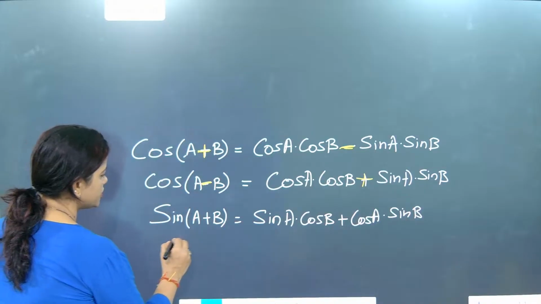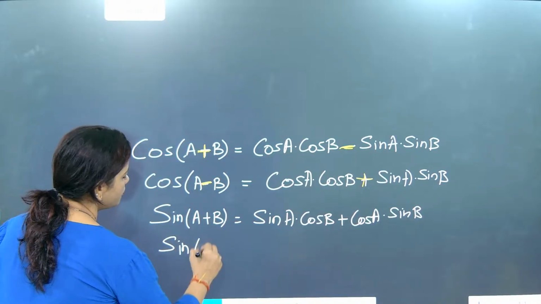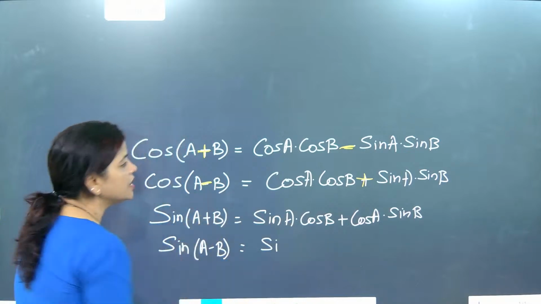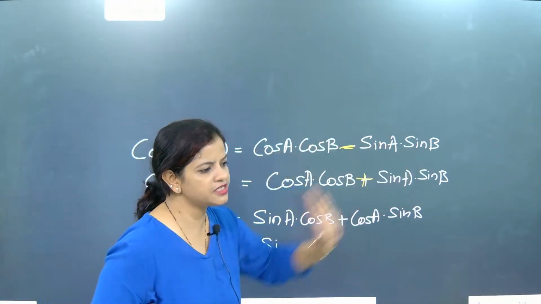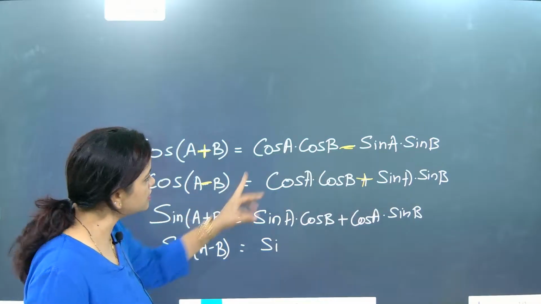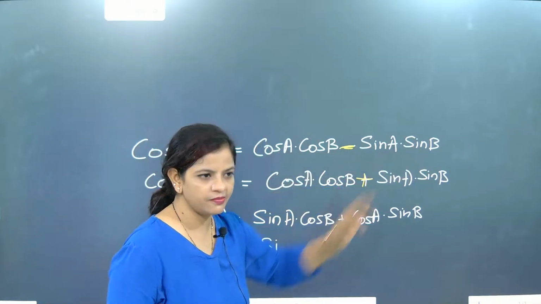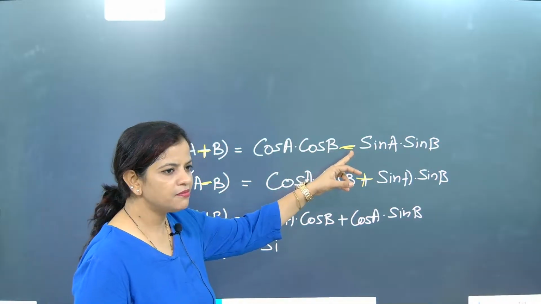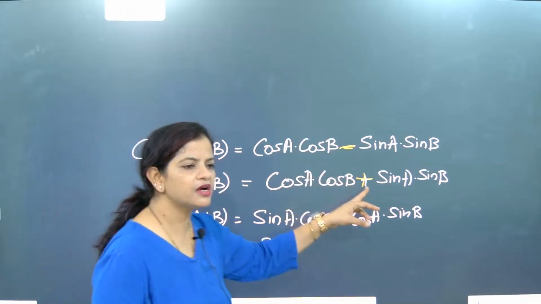And now this section will be sine of A minus B. Everything will be the same. In both the formulas, everything is the same. See, cos A plus B is cos A cos B, sin A sin B. Correct? But here when plus is there, the center value comes as minus. When minus is there, it will become plus.